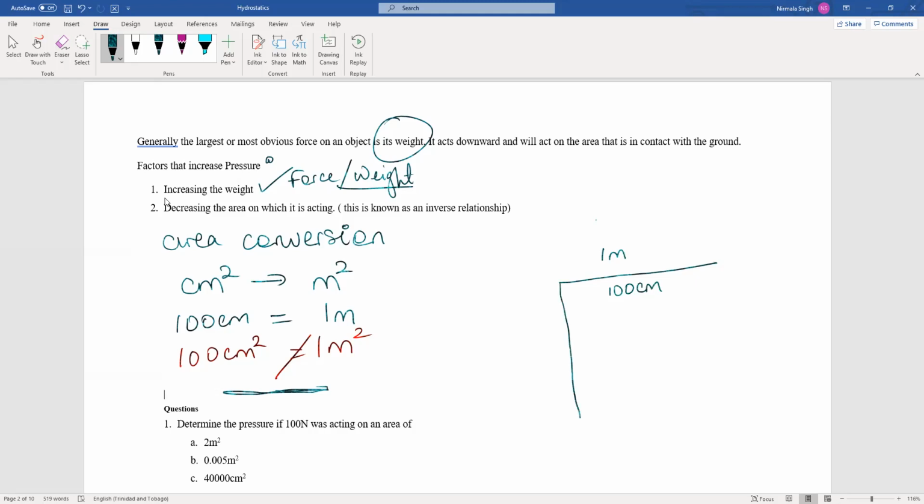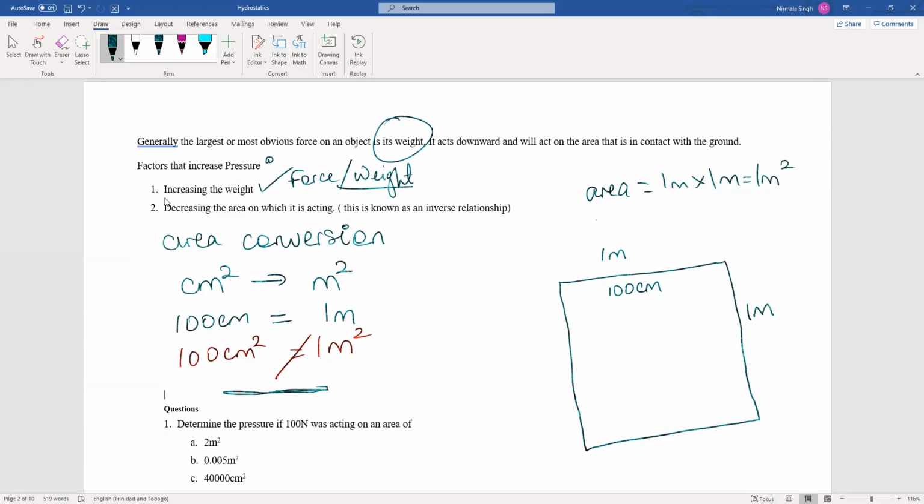If I had to get 1 meter squared, I can take a square that is 1 meter by 1 meter. Isn't the area of a square side by side? Yeah. Right. The area of a square would be side by side.